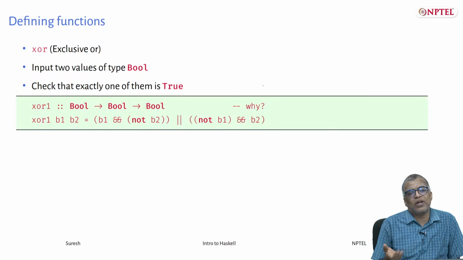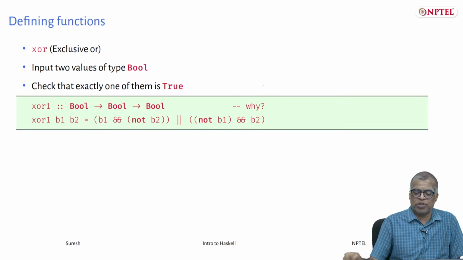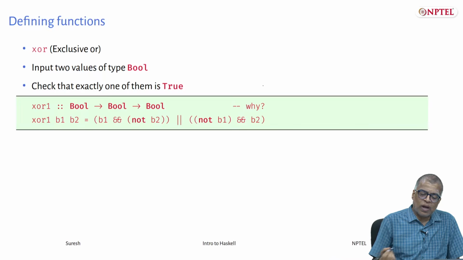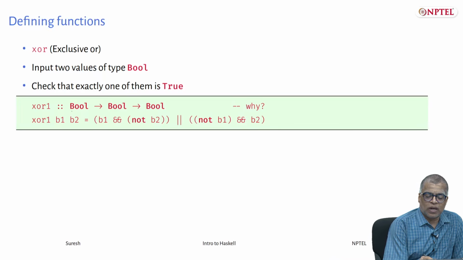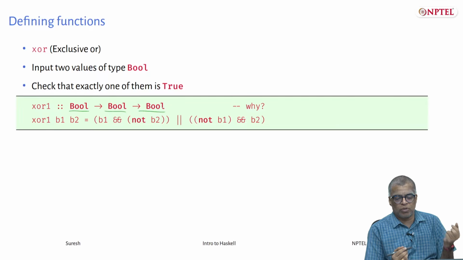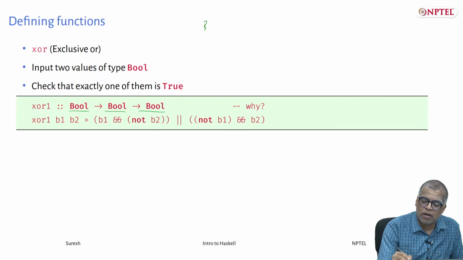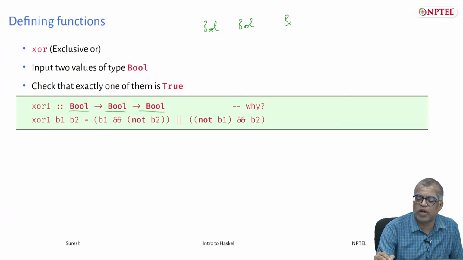The input is two values of type bool, and you want to check if exactly one of them is true. As I mentioned earlier, the type is bool, arrow, bool, arrow, bool. Because there are two inputs of type bool, you write them side by side, and there is an output of type bool, and then you insert arrows in between.